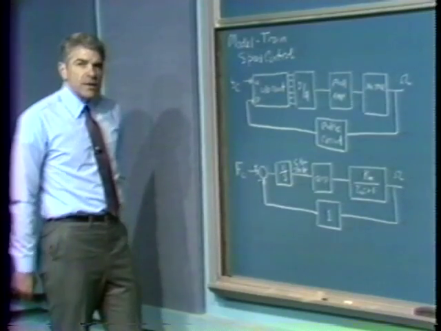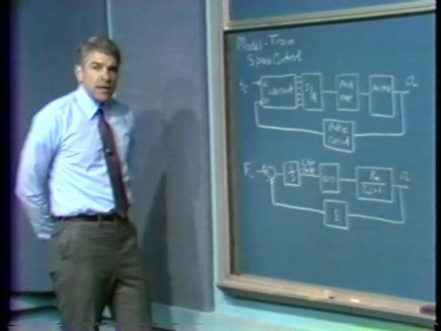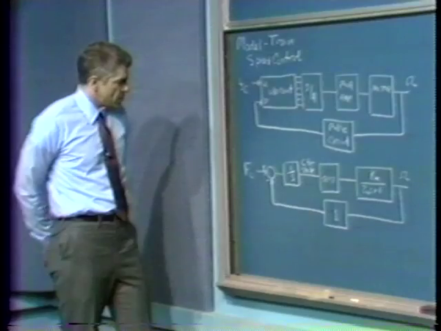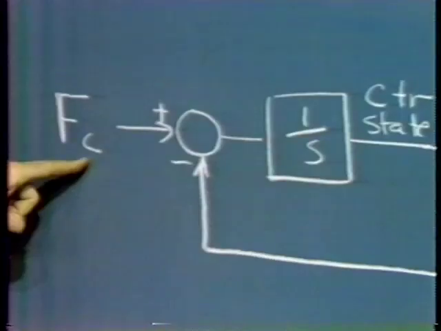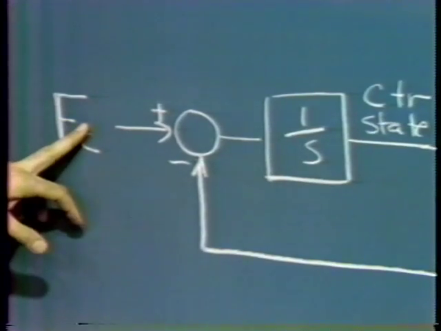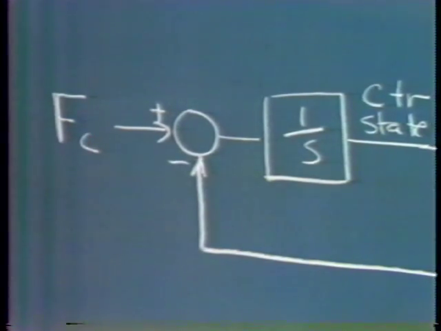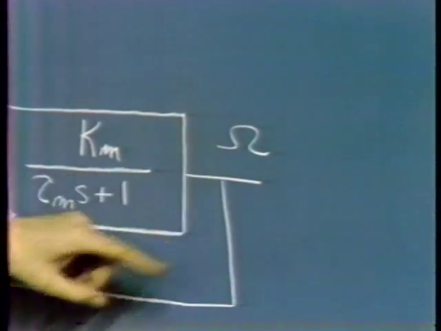If we go to make again a linearized block diagram for this system, we have our command pulses here, F sub C, and this is the frequency at which we're commanding the engine to run. We have the down pulses.